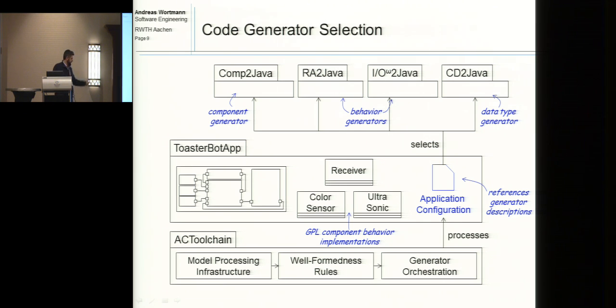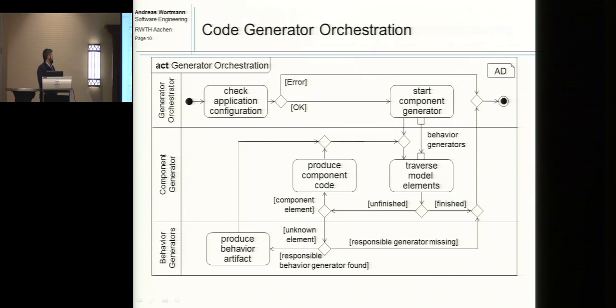It's a standalone modeling language, checks their well-formedness, and starts the generator orchestration. And the orchestration, the top row, is generic to all our generators, and it directly interfaces the participating generators via their models.